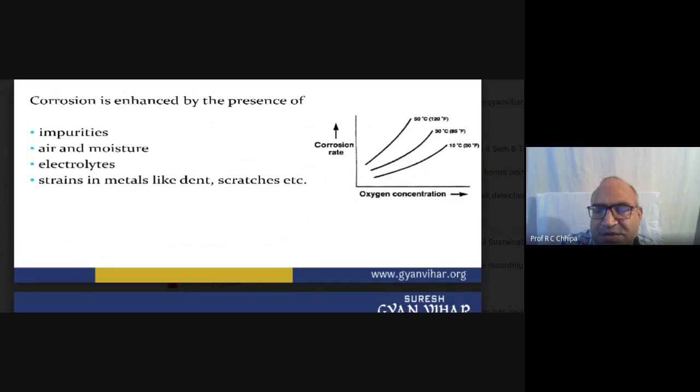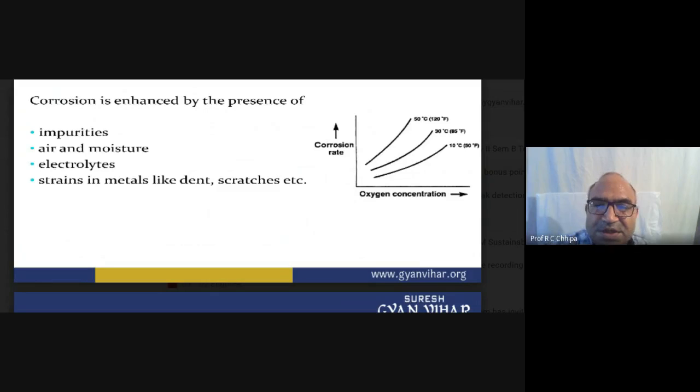So corrosion itself can be enhanced with the following things, whatever I have already discussed, the corrosion of iron. In case of iron, air and moisture are responsible. However, some impurities are also responsible in the corrosion of iron. But the second part is the air and moisture. So in presence of oxygen and moisture, iron undergoes the process of corrosion.